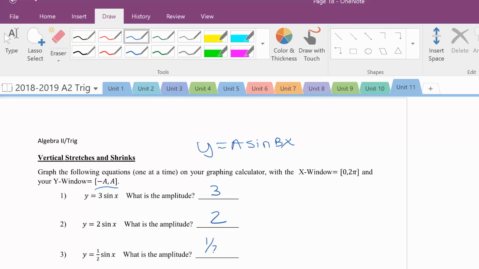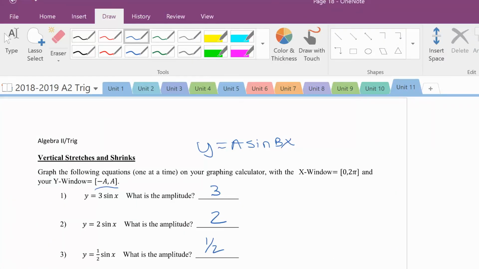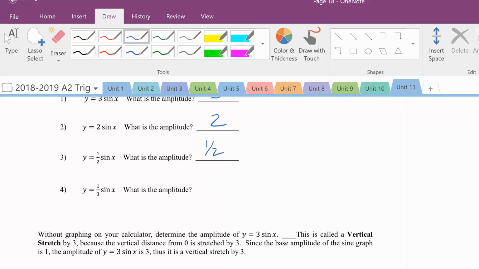The amplitude's 1/2. And you could probably guess what the amplitude is going to be here. It's going to be 1/3. So without graphing on your calculator, the amplitude would be 3 here.